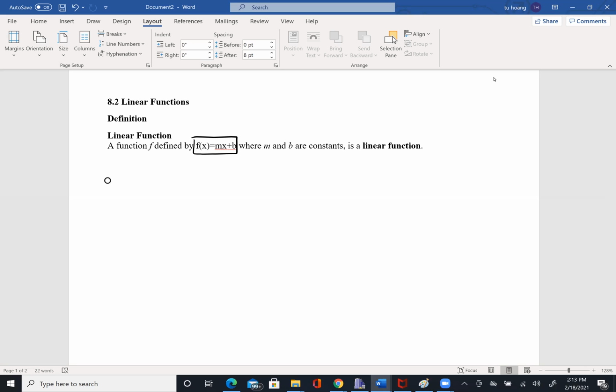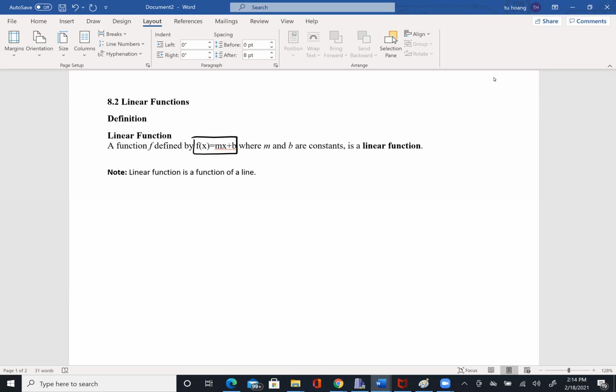Okay, so note that linear functions are functions of a line.